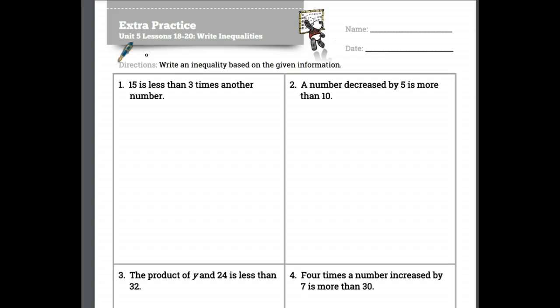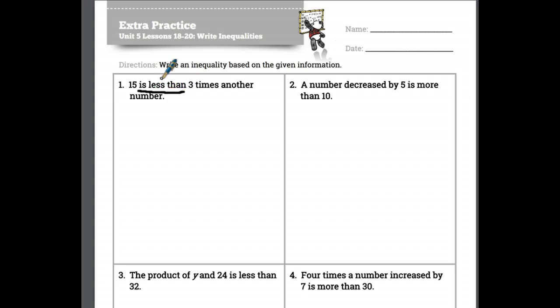So here we go. We're going to take a look at 1 and 2. Notice you don't have the boxes this time. Write an inequality based on the given information. Well, the first thing we're going to do is read the statement. 15 is less than 3 times another number. 15 is less than.